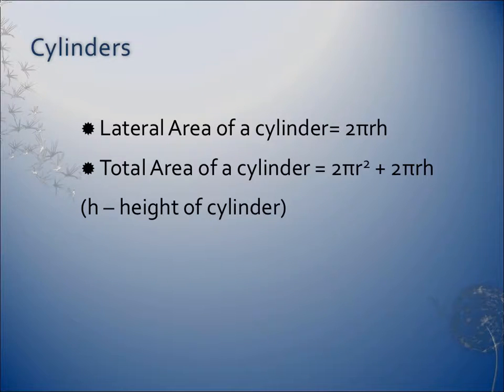So here we go. For the cylinders, the lateral area of a cylinder is represented by 2 times pi times radius times height.